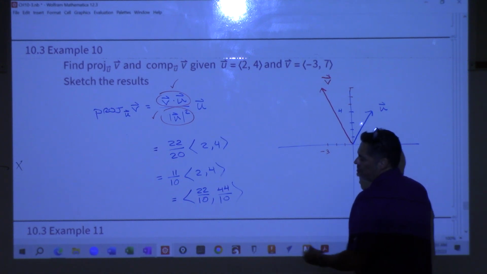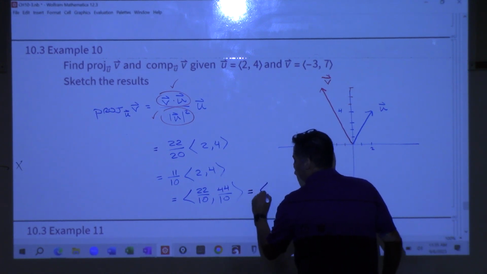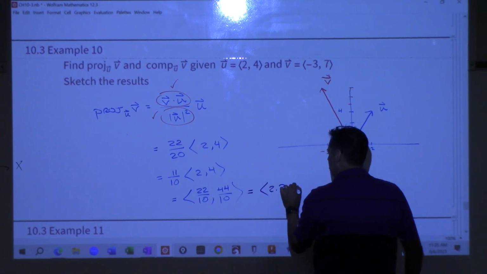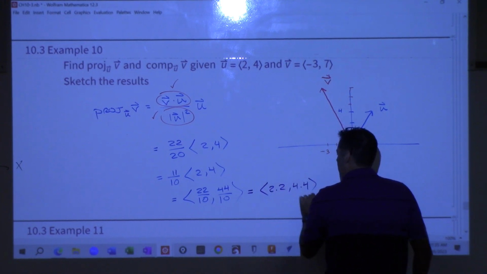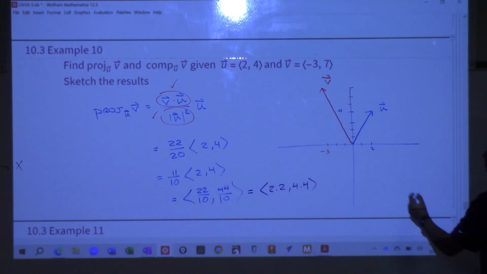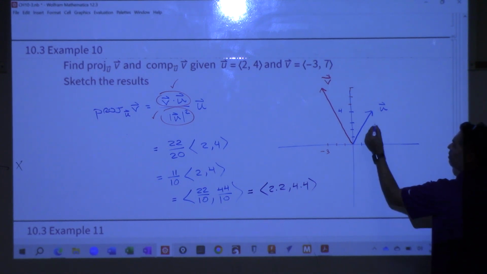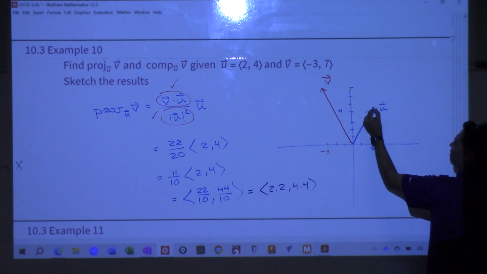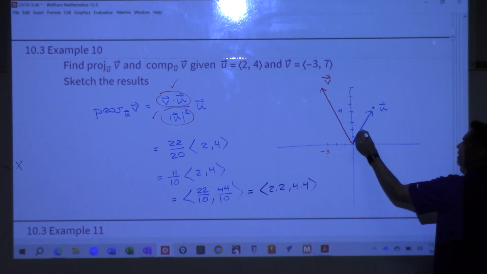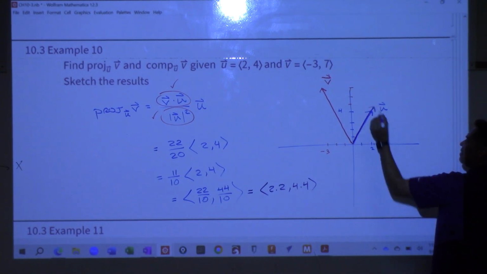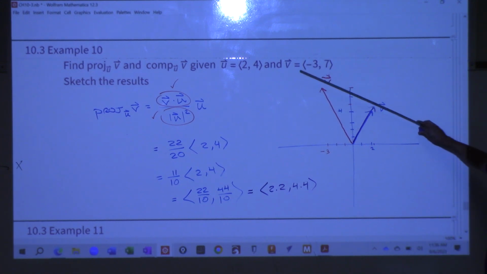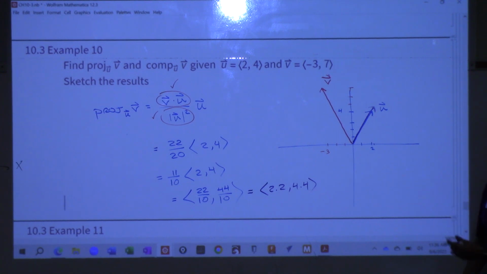I'm doing this to make sure that our answer makes sense visually, and also for practice. So 2.2, go to the right, about right there, and go up 4.4, somewhere around there. And it should be parallel, right? So it should be in that same direction. Does that look like, with my very rough sketch, that would be the orthogonal? Yeah, for a rough sketch. See what we've done?